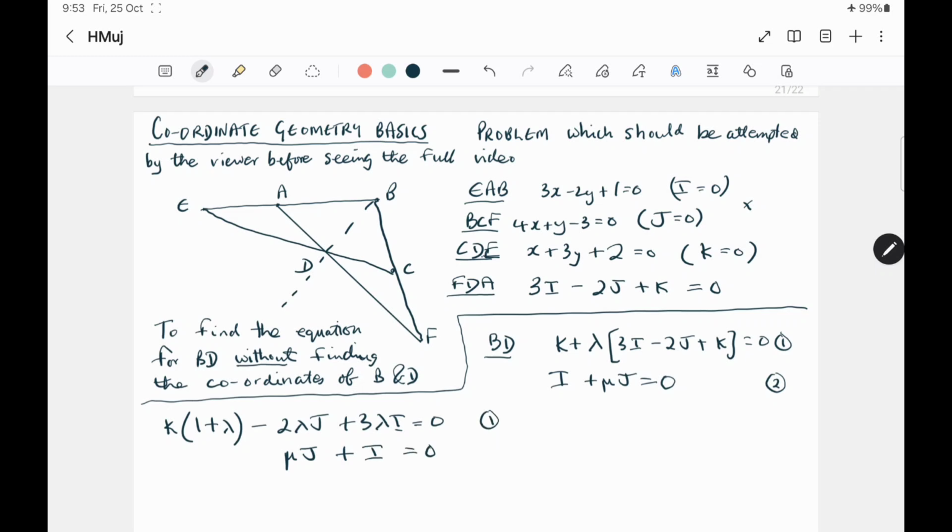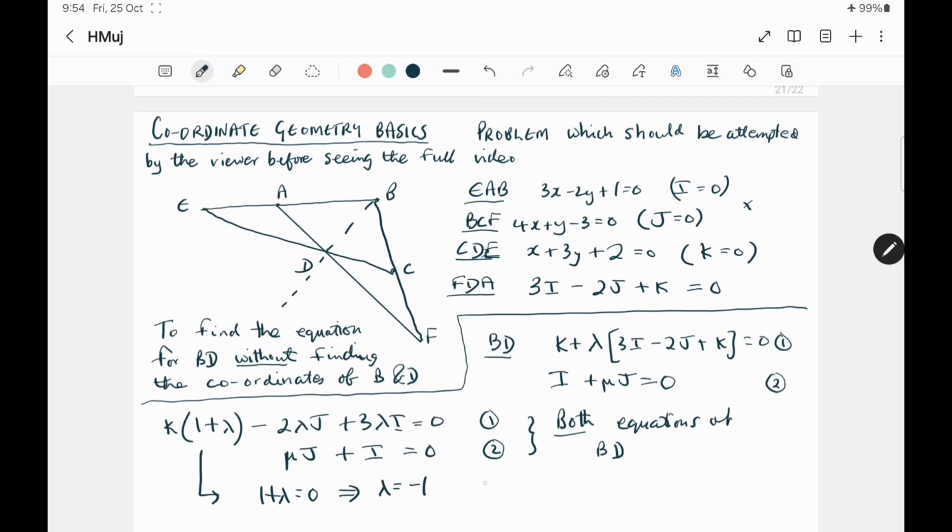Again, we'll call that 1 and 2 because they're the same equations really as before. They're both, stress, both equations of BD. Well, if we look at them, we'll find that this term must be 0. So 1 plus lambda is 0, which means lambda is equal to minus 1.